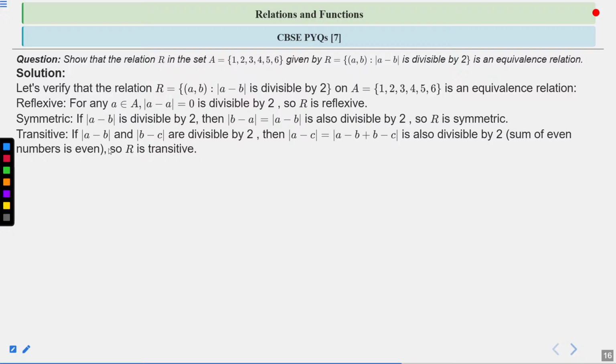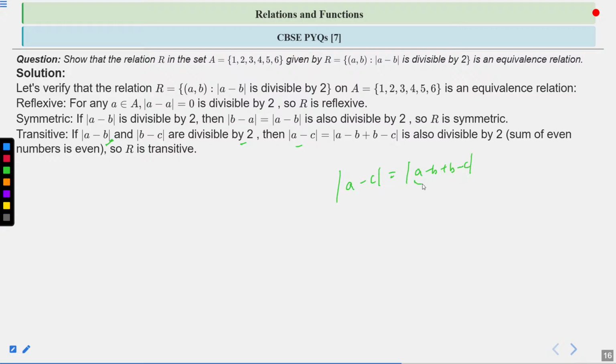Now, if the absolute value of a minus b and the absolute value of b minus c are divisible by 2, then a minus c can be written by subtracting and adding b, so a minus c equals (a minus b) plus (b minus c).